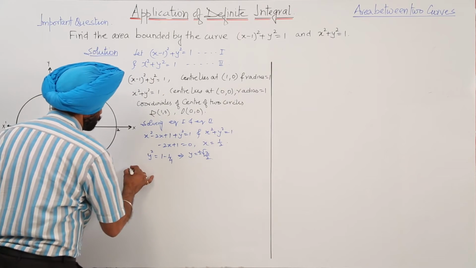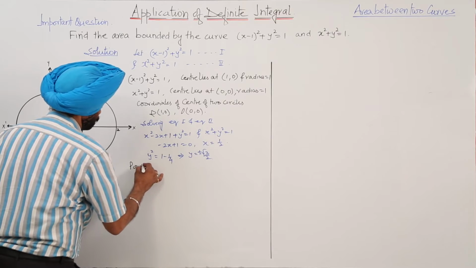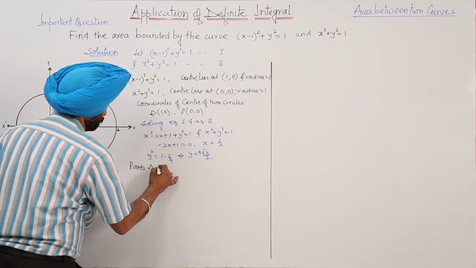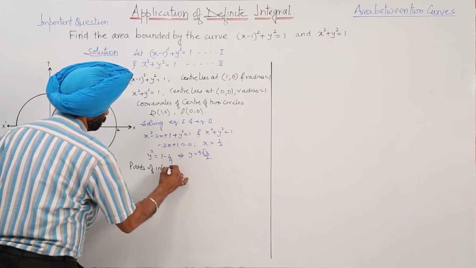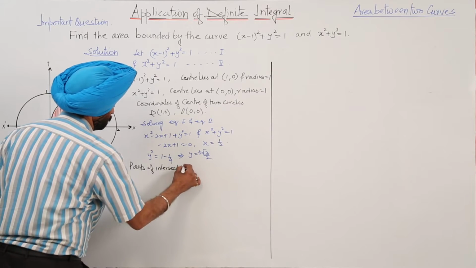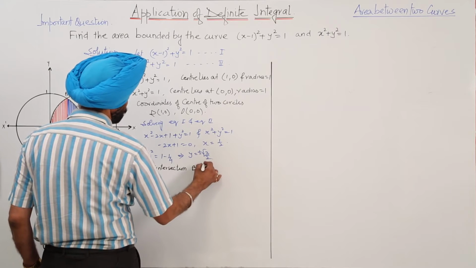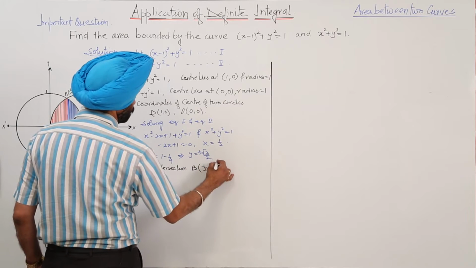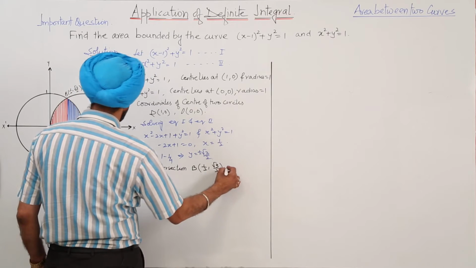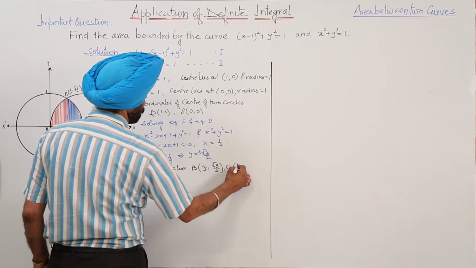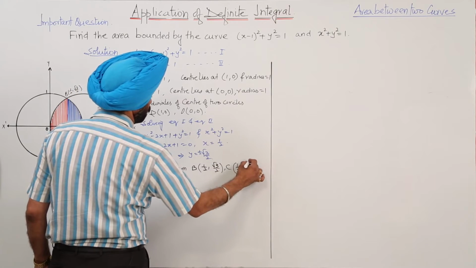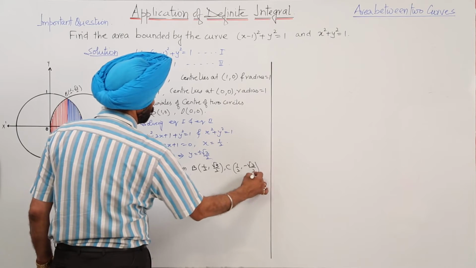Now the points of intersection are B (1/2, √3/2) and C (1/2, −√3/2).